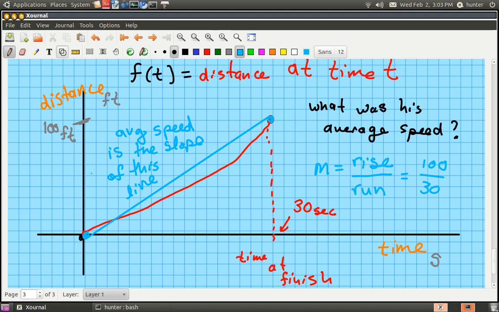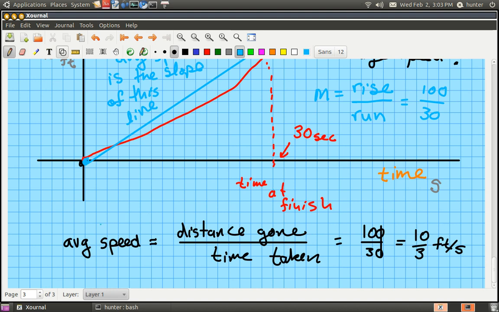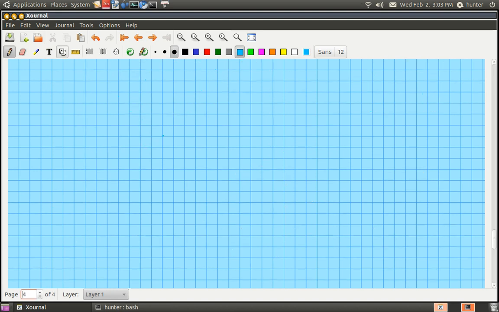That's always going to be true. If you want to find the average rate of change of a function between 2 points, it's just going to be the slope of the line connecting the 2 points. So let's try to express that. Here's the idea.